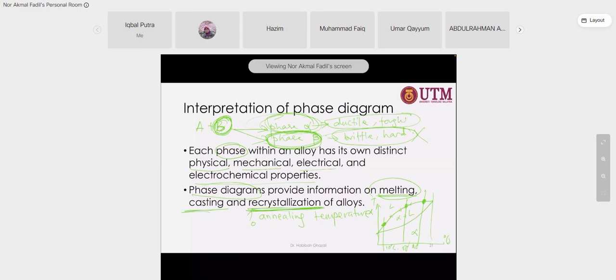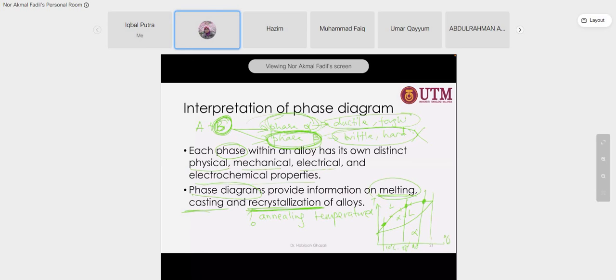Anyone? Tak ada? A few degrees lower. 50 degrees lower. A few degrees lower. Yes, 3 to 6. It is lower, but not a few degrees. There are some methods to identify it.